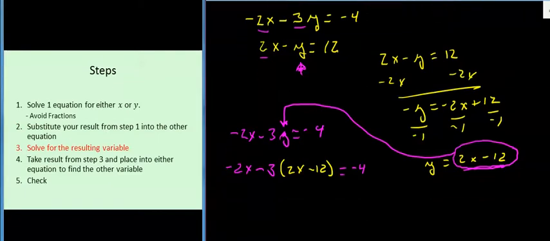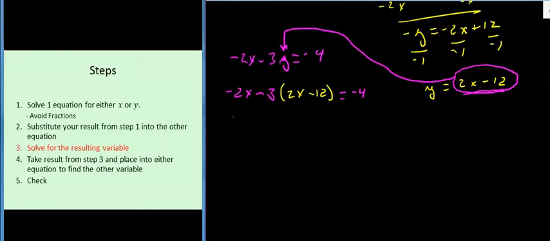So, move down here a little bit. Negative 2x minus 6x, I'm distributing, plus 36 equals negative 4. Negative 2x minus 6x, negative 8x, plus 36 equals negative 4.